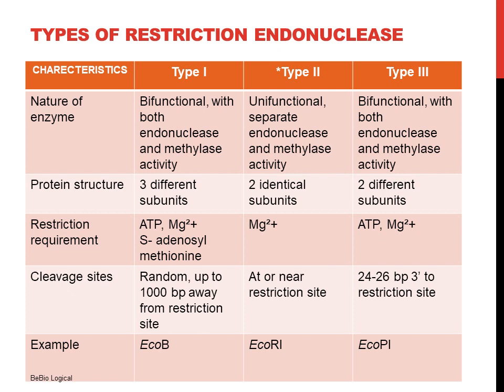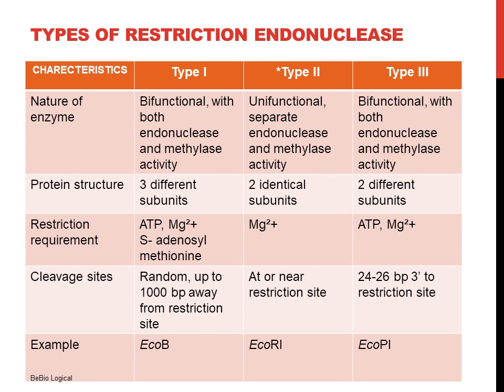Restriction endonucleases are categorized into three general groups: type 1, 2, and 3. Comparative analysis of these three types of restriction endonuclease is shown in the following table. The enzymes in type 1 and 3 are both bifunctional, with both endonuclease and methylase activity, whereas the type 2 enzyme is unifunctional, with separate endonuclease and methylase activity.